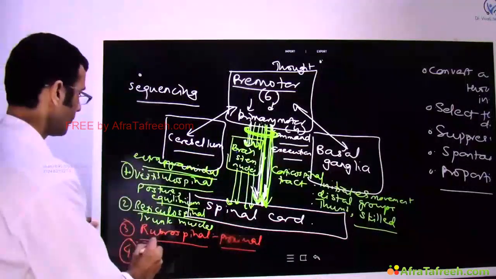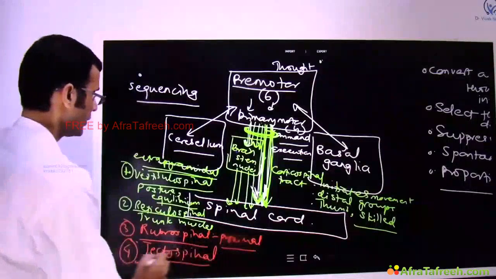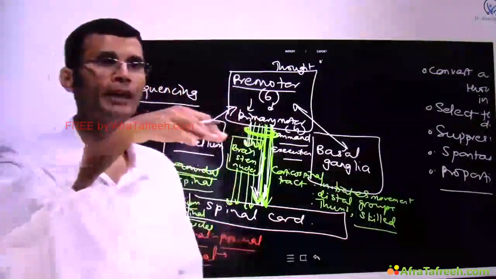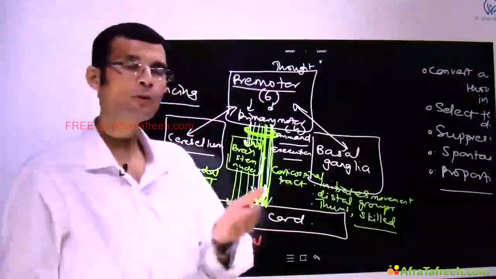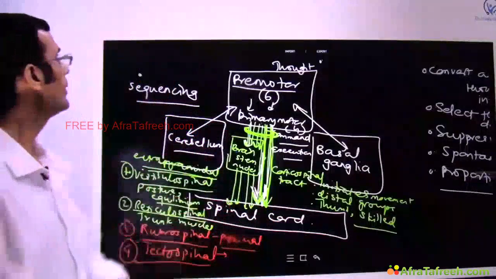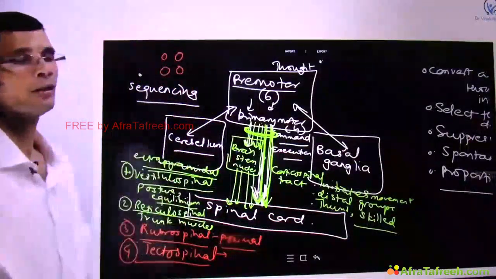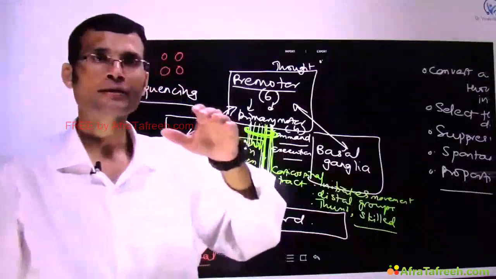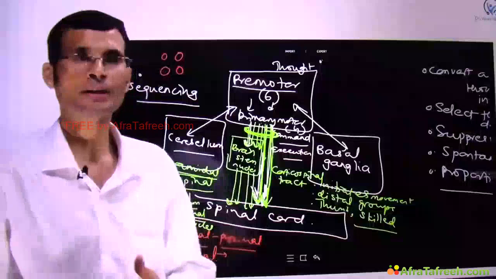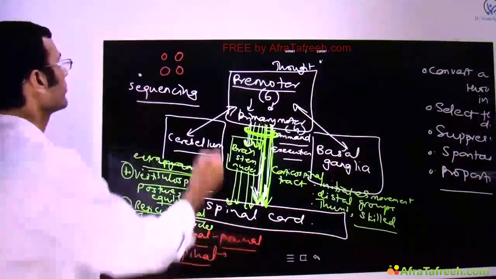One more, tectospinal tract. Roof of the midbrain is called tectum, floor is called tegmentum. In the roof of the midbrain, there are 4 bodies like this. So it's called corpora quadrigemina, 4 bodies, so quadrigemina. Two superior colliculi, two inferior colliculi.